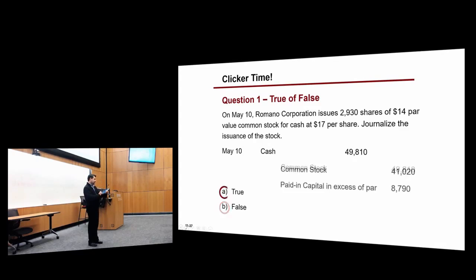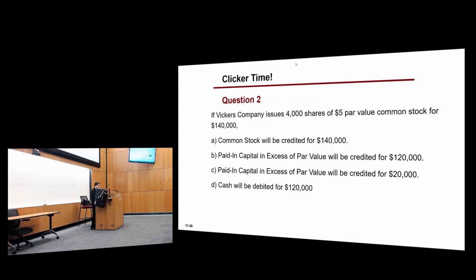The remaining is paid-in capital in excess of par, that's the correct answer. You debit cash based on the market value, okay? And you credit common stock based on par value. The difference between the two will be a credit to paid-in capital. Any questions? Okay, so we do have a majority who got it right.